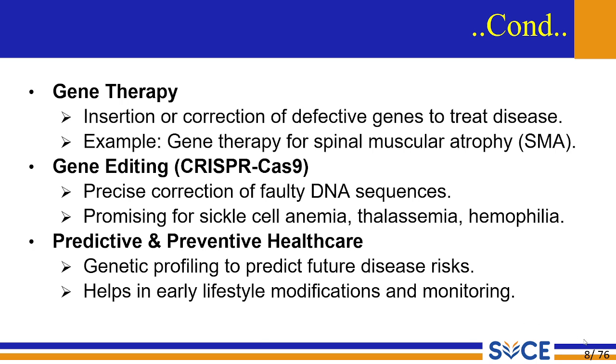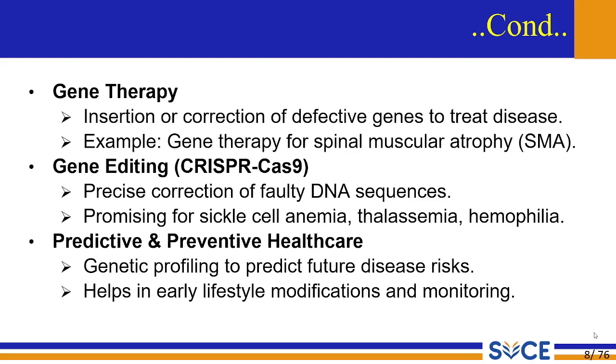Gene editing is one of the most exciting areas. CRISPR-Cas9 allows scientists to cut and fix DNA with incredible precision. It's being used to treat sickle cell anemia, thalassemia, and hemophilia.